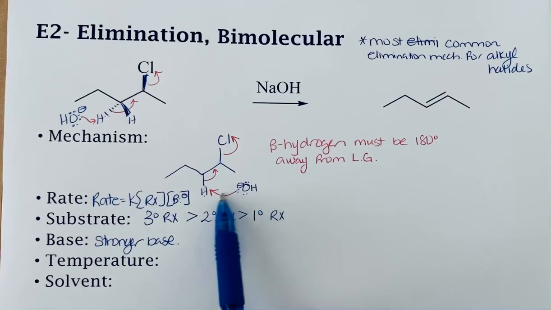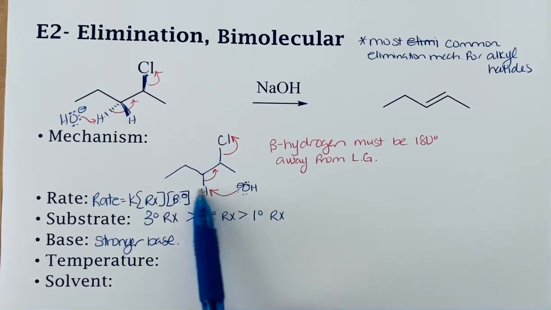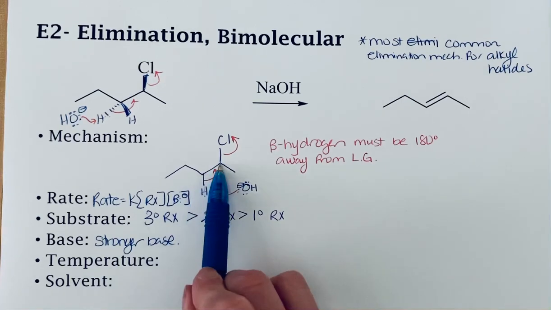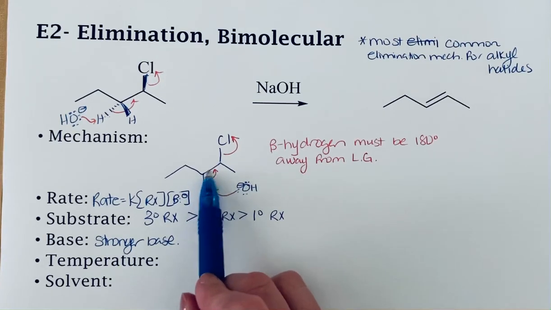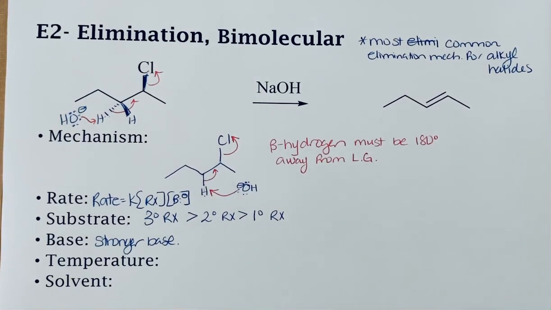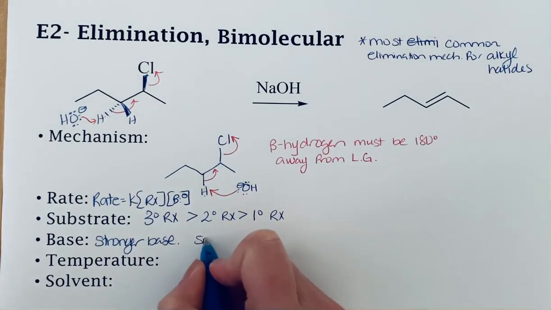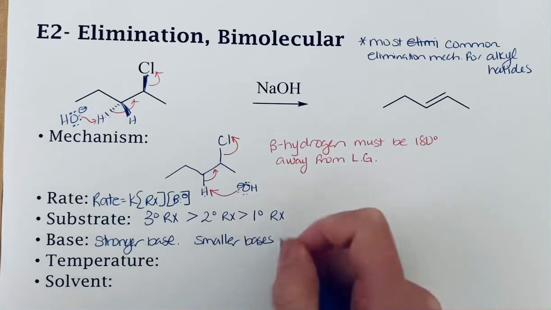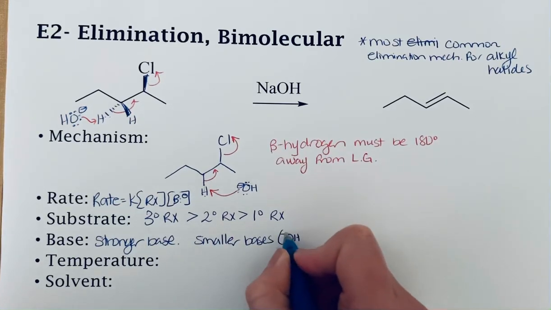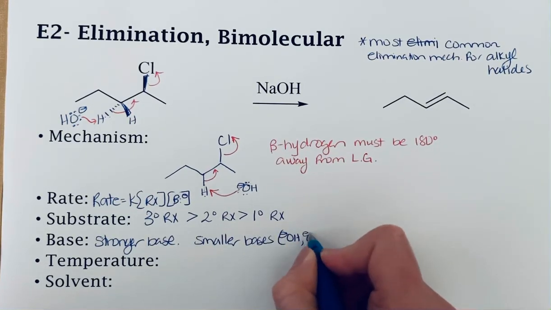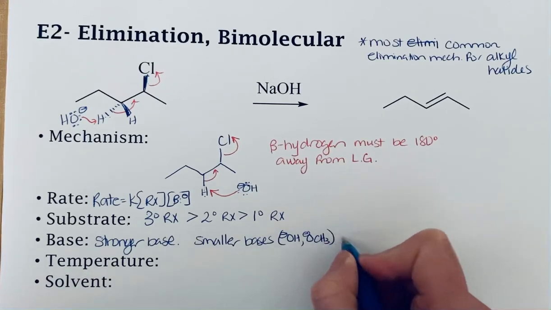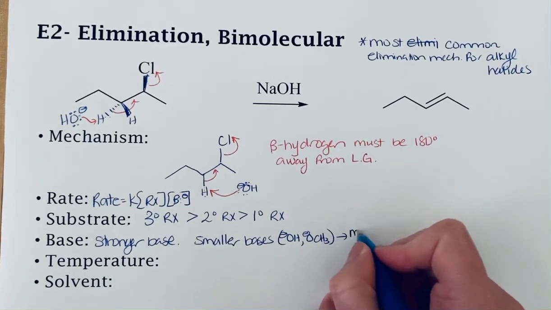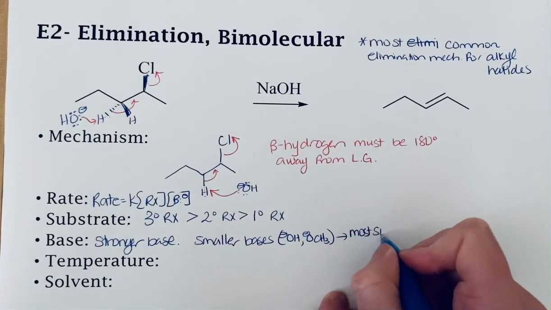So this tendency to take the hydrogen from the more substituted beta carbon to give you that more substituted alkene happens when you have a smaller base. So smaller bases, things like hydroxide, methoxide, will give you the most substituted alkene product that you can form.